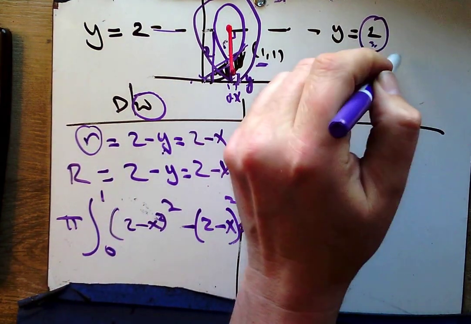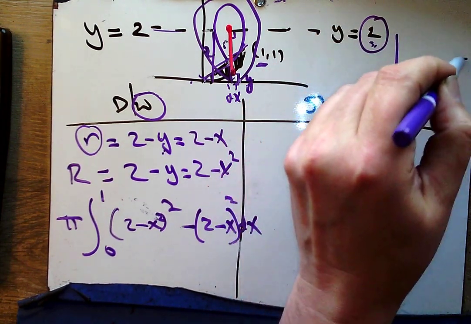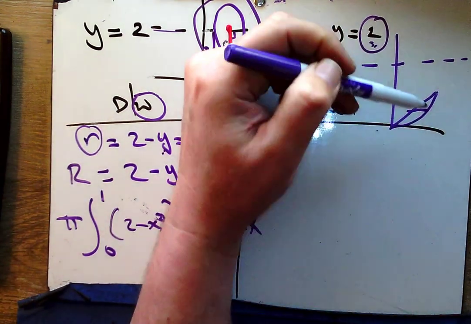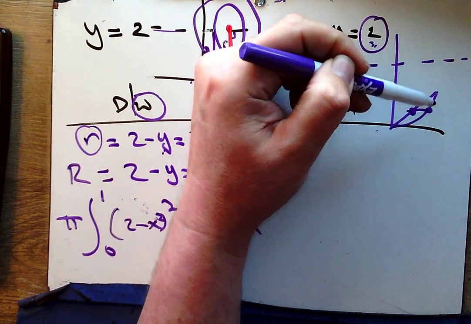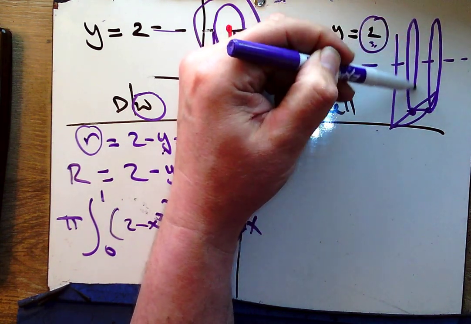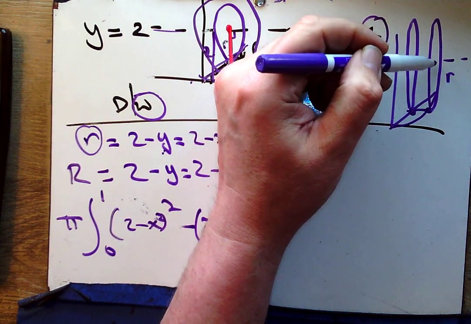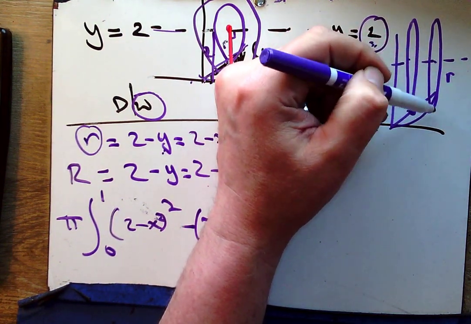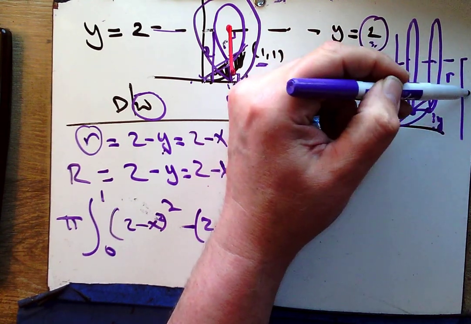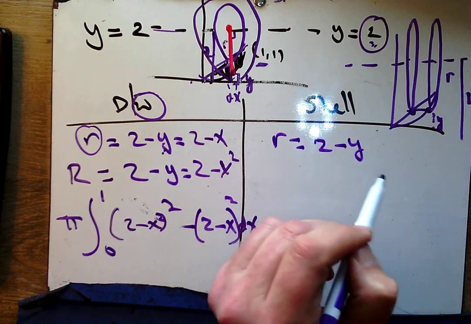With shell. Okay, so if I'm thinking about this with shell, going back here, draw something parallel to the axis of rotation, and at each end, draw a circle whose center is the axis of rotation. Radius is this distance. This is y, this is 2. So radius is 2 minus y.